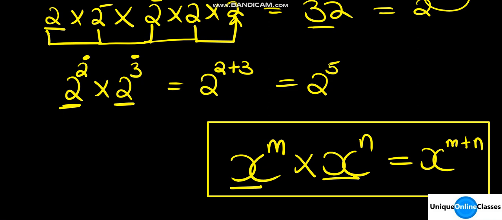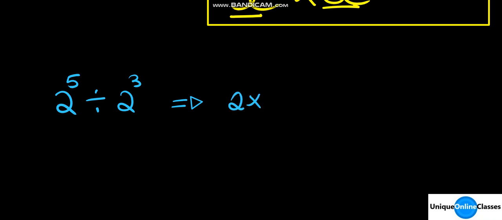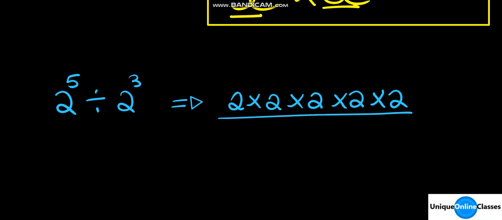Let's now go to another rule. Suppose we have 2 power 5 divided by 2 power 3. Ready? Taking normal division, it means we have 2 times 2 times 2 times 2 times 2, the five 2s, divided by the three 2s, so we have 2 times 2 times 2.